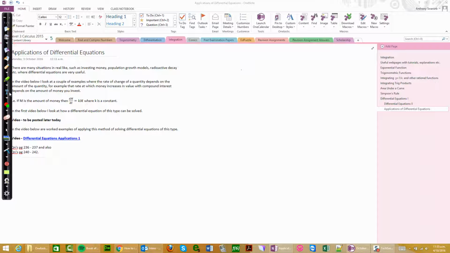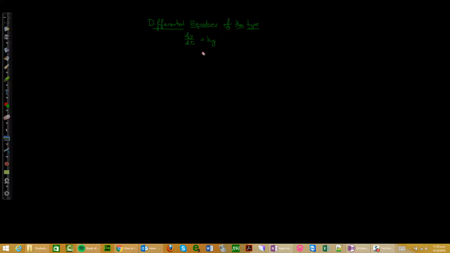Okay, so let's do that now. Right, so differential equations of this type here. Now, rather than calling it M for money, I'll just have a general quantity y, and the rate at which y is changing depends on the amount of whatever this y variable is. Okay, so let's have a look at solving this.